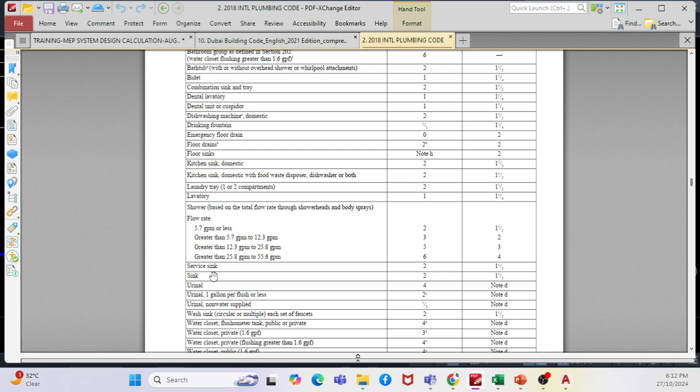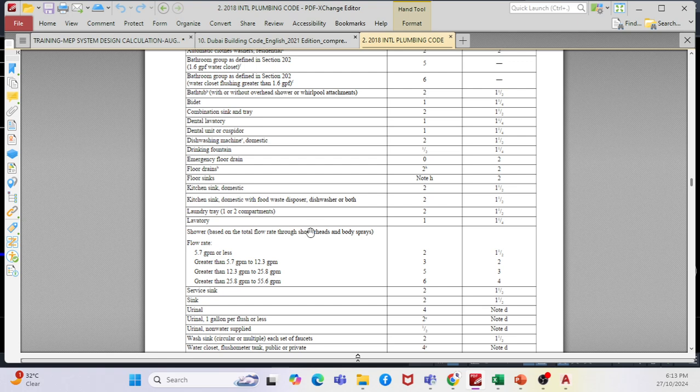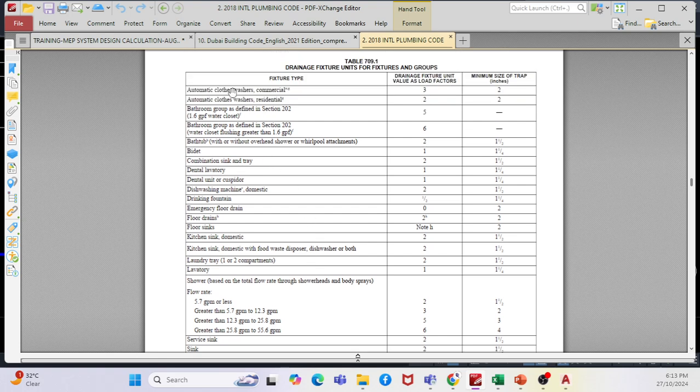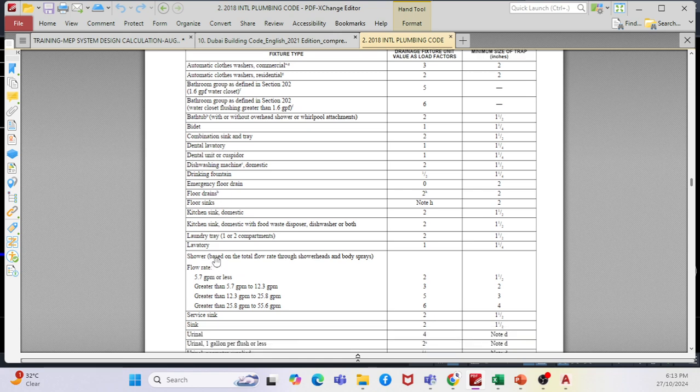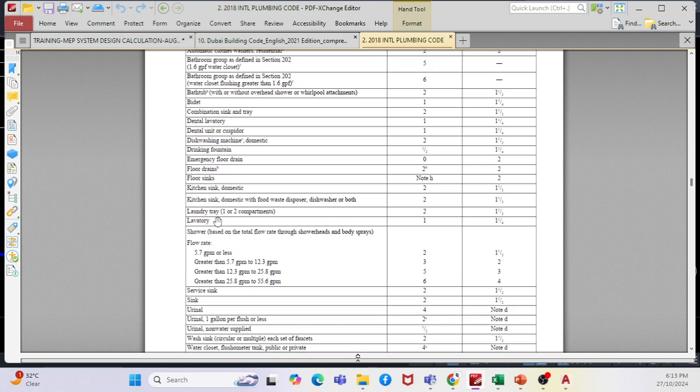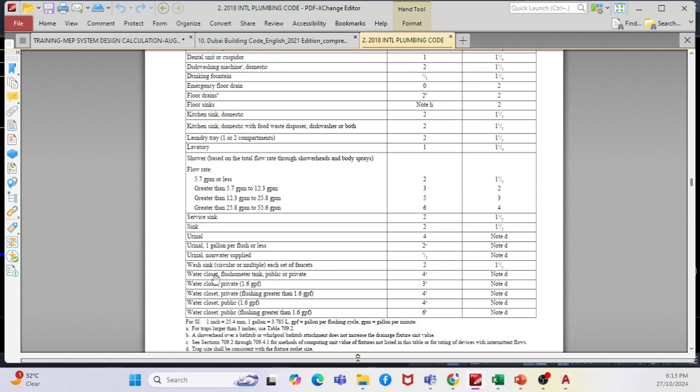For ablution, they will not give a separate DFU. Sometimes some codes give it, but in this IPC standard I couldn't find any, so I can consider the nearest one. Let me say that it is like a servicing, so I have 2 DFU for the servicing.